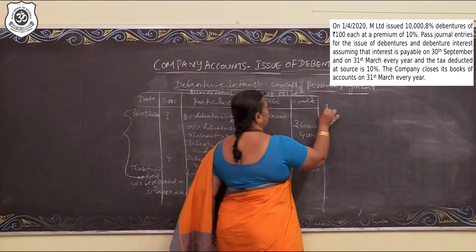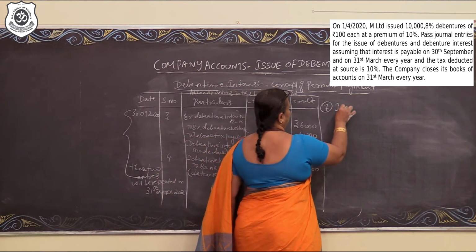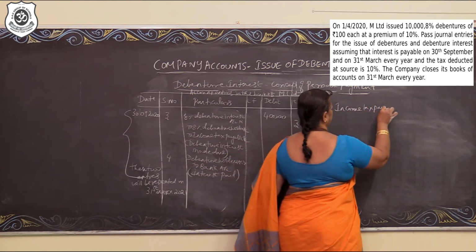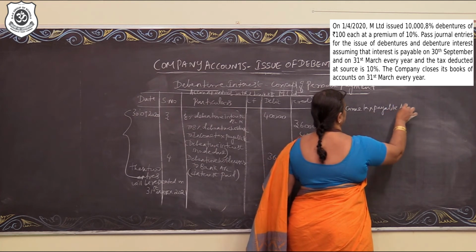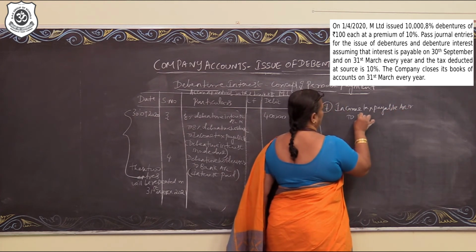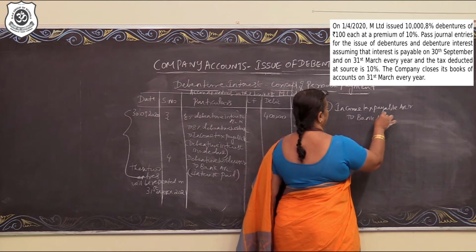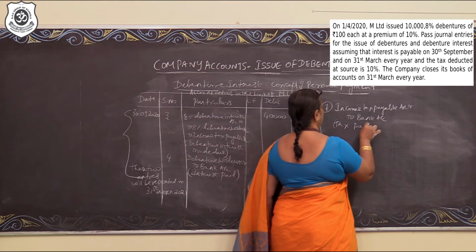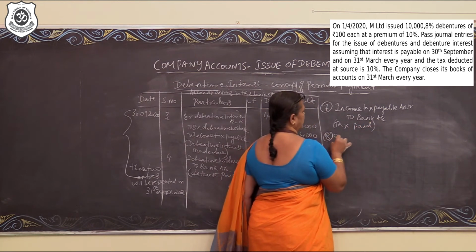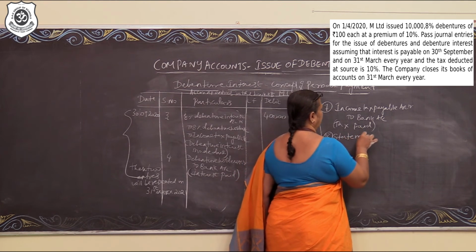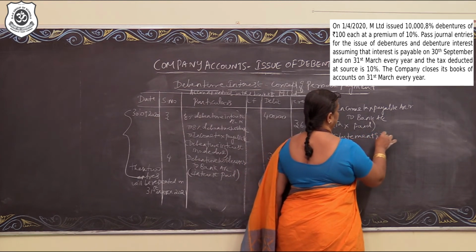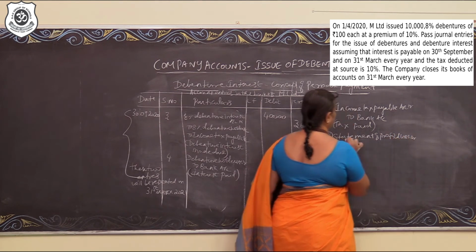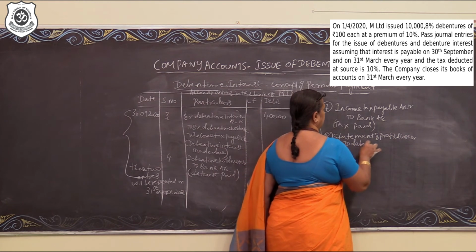So entry number 7, income tax payable account debit to bank account, tax paid, and the 8th entry will be statement of profit and loss debit to debenture interest account.